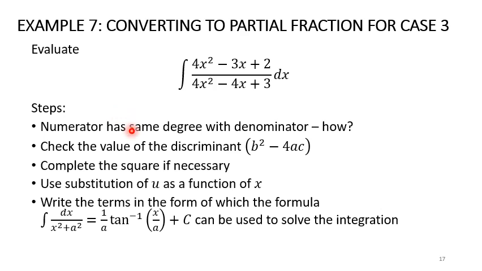Then we check the value of the discriminant of the denominator, b squared minus 4ac. Then we do completing the square if necessary. Then we use the u substitution as a function of x to facilitate the integration, and we want to convert everything in terms of this formula so that we can use it to solve the integration.